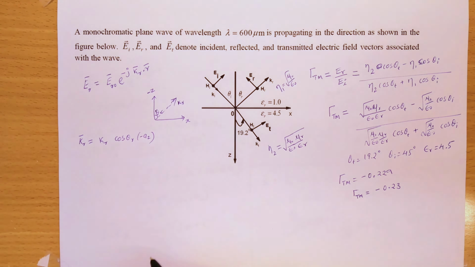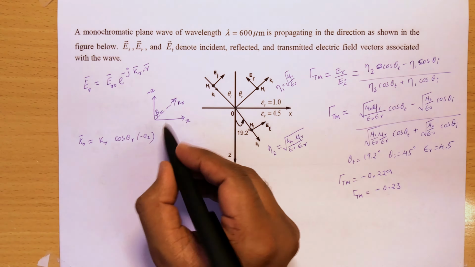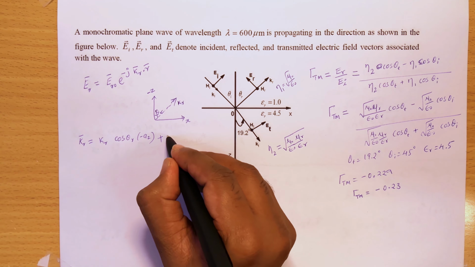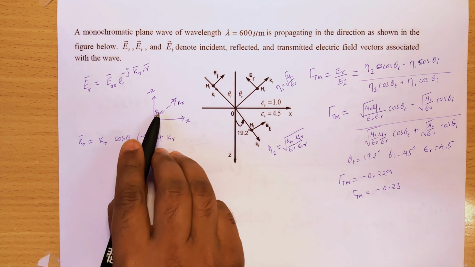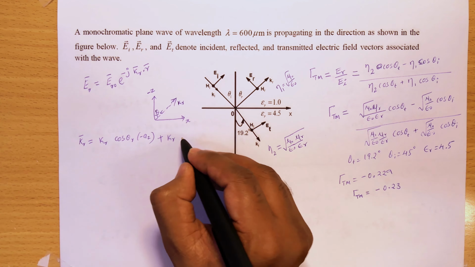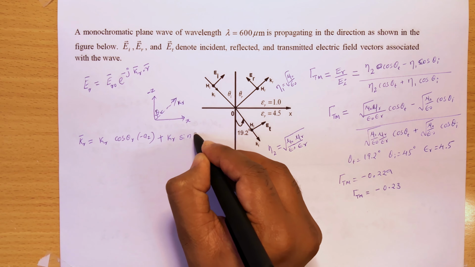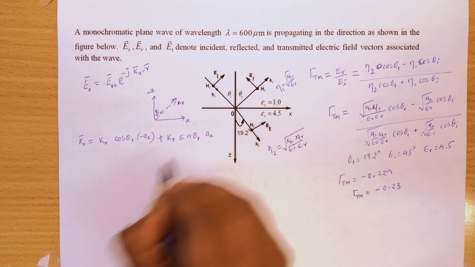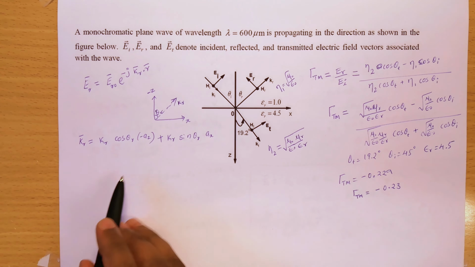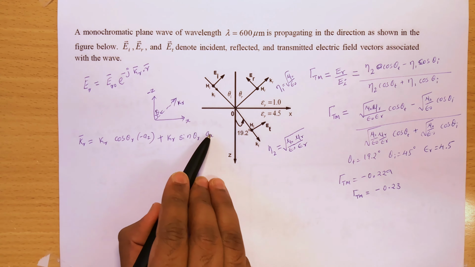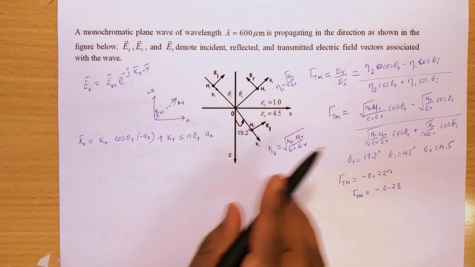So kr is this much plus kr sine theta r ax, since this component is in the positive x direction.